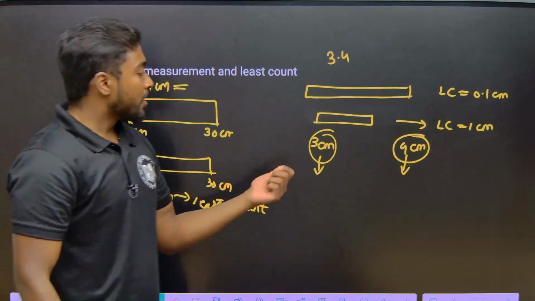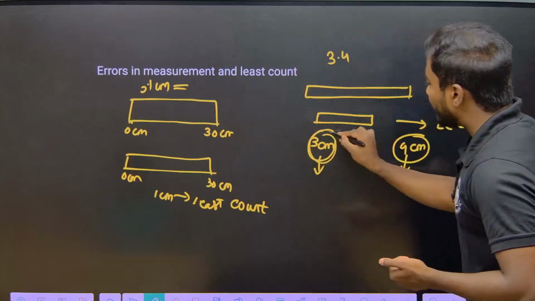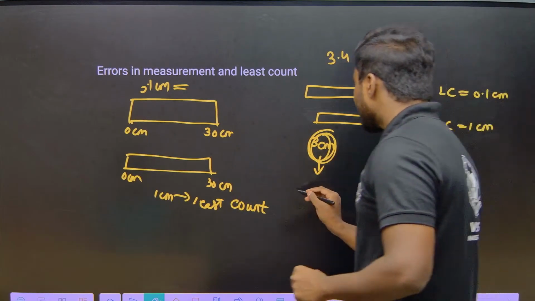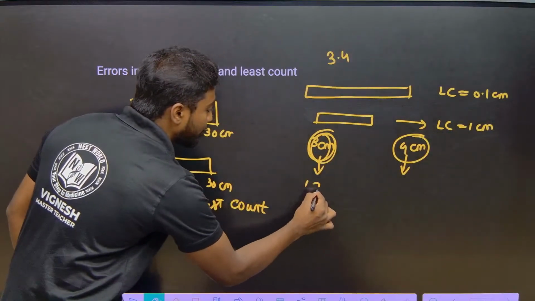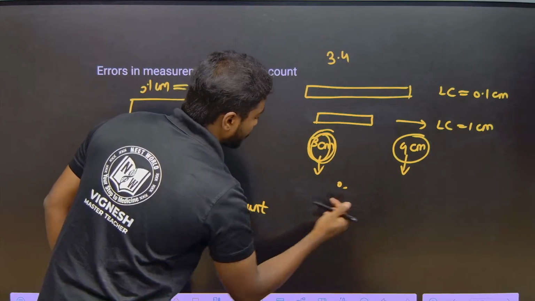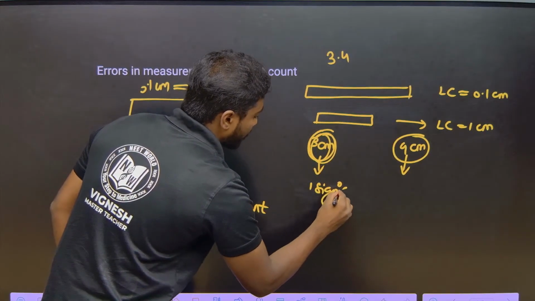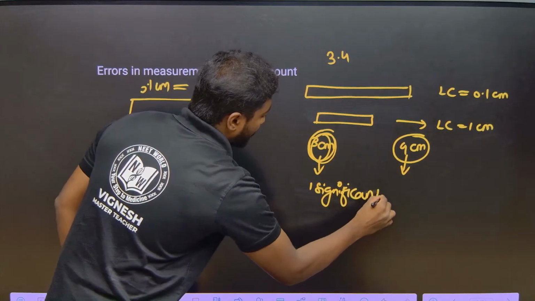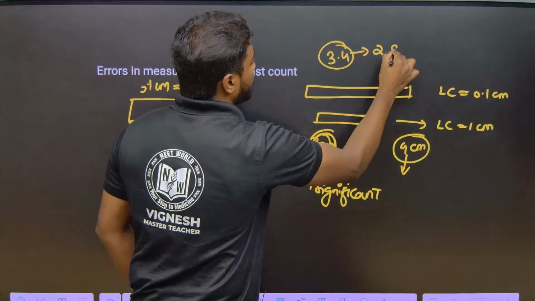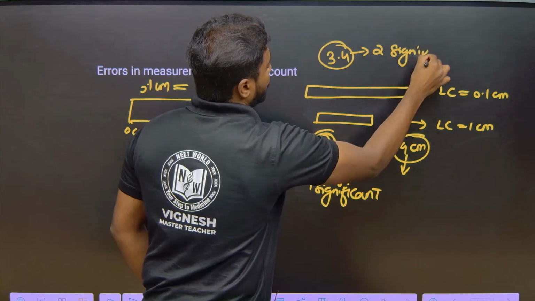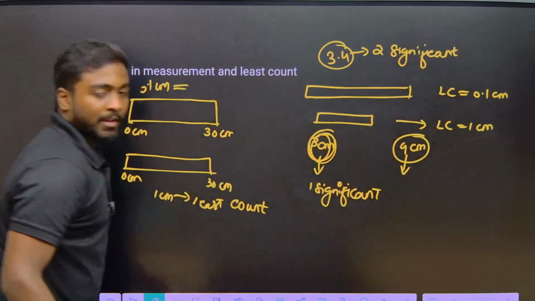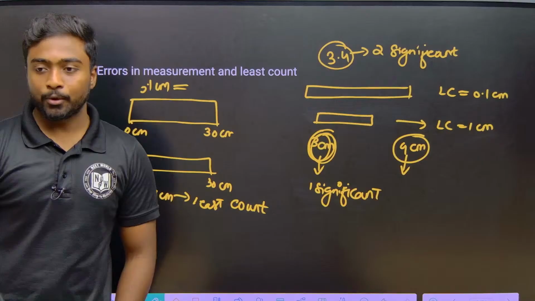In 3 centimeter, how many numbers are there? 1 number, said to be 1 significant. Here it is 2 numbers, so 2 significant. If significant increases, the accuracy increases.